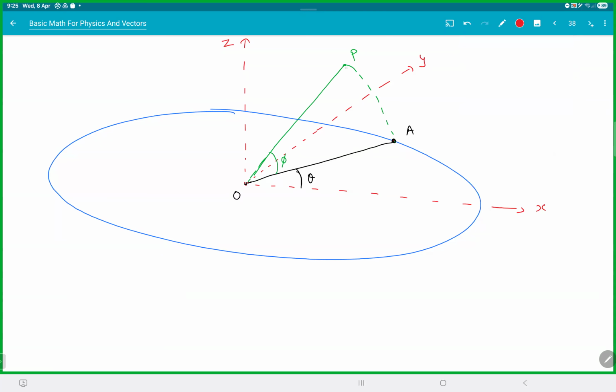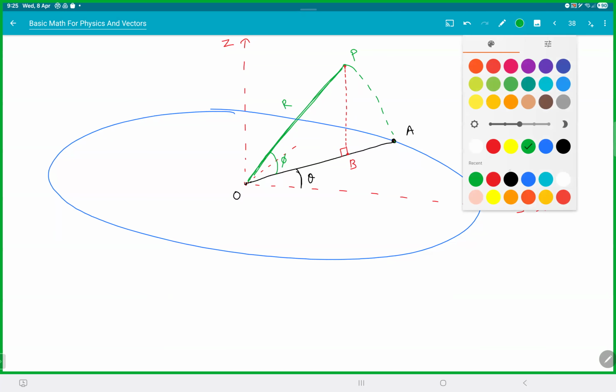From point P, if you drop a perpendicular, do you think it will fall on A? It will fall somewhere on the line OA at some point B, isn't it? I'll just remove this Y here, maybe it looks confusing. Can you see the picture, how it looks? So from point P, if you drop a perpendicular, it's going to fall on the line OA at some point B. This is R.